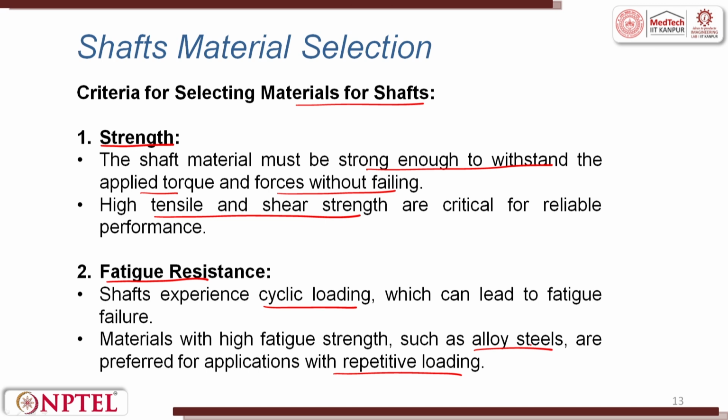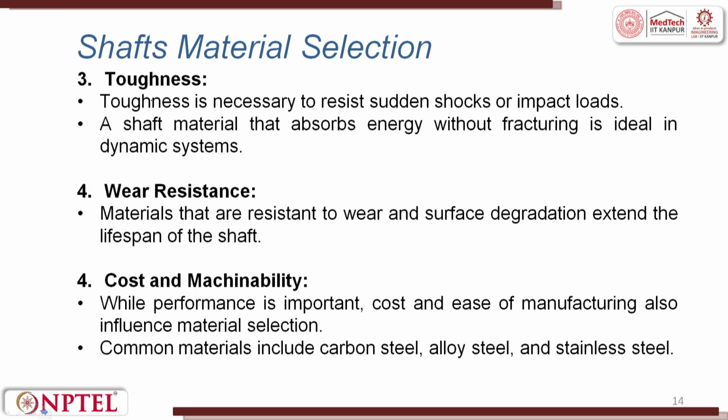There are also certain other criteria such as toughness, wear resistance, cost, or machinability. Let us see those. Toughness is necessary to resist sudden shocks or impact loads, like the impact load experiment demonstrated in the previous weeks. A shaft material that absorbs energy without fracturing is ideal in dynamic systems.